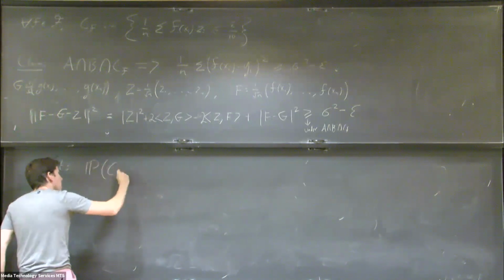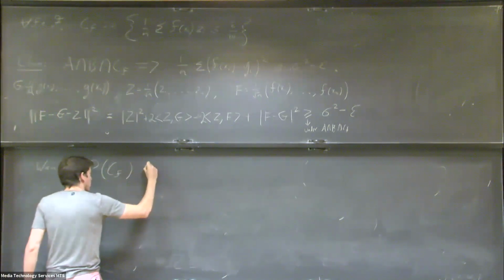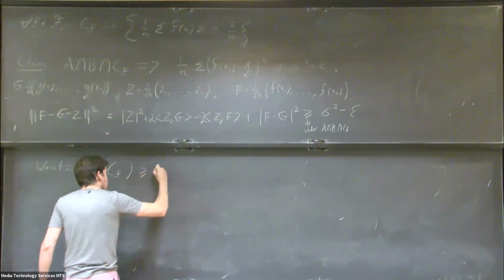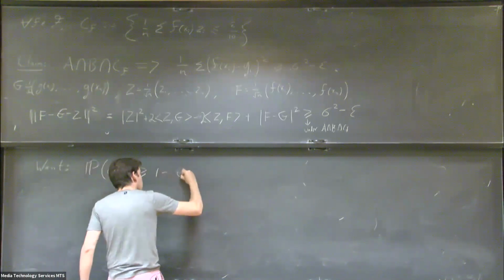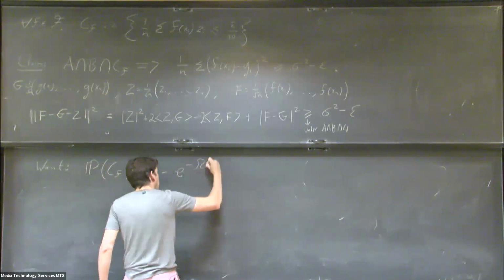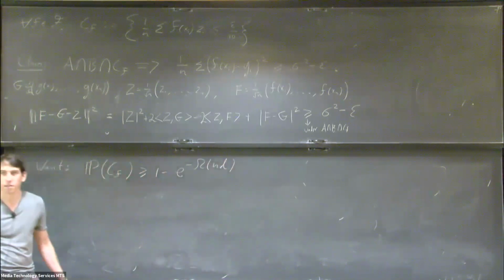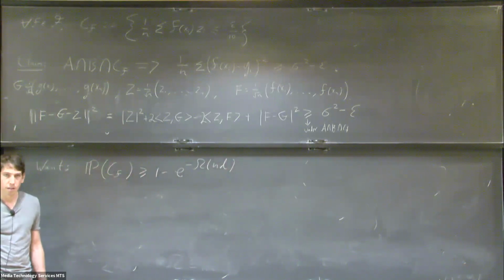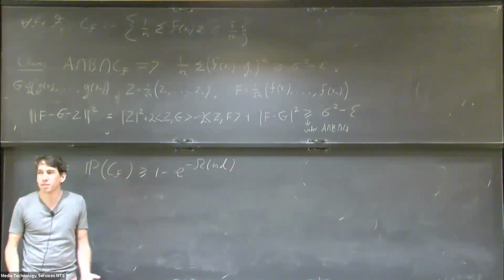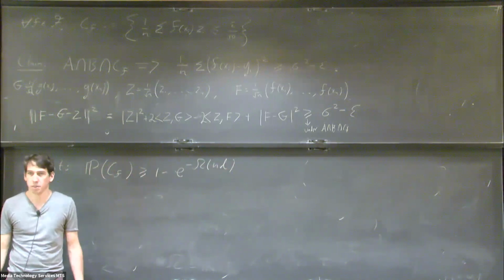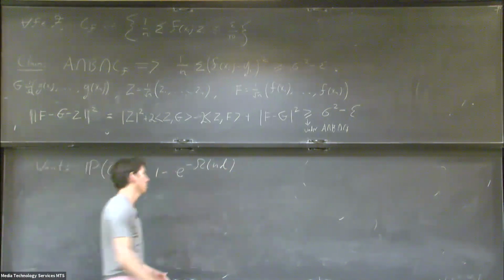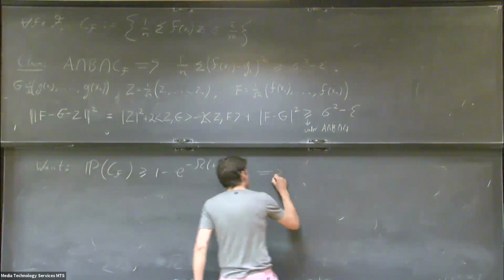Okay, so we want the probability of CF to be at least 1 minus e to the minus omega of n times d, rather than just n. And the proof will be completed as before by a net argument. This will imply the theorem.